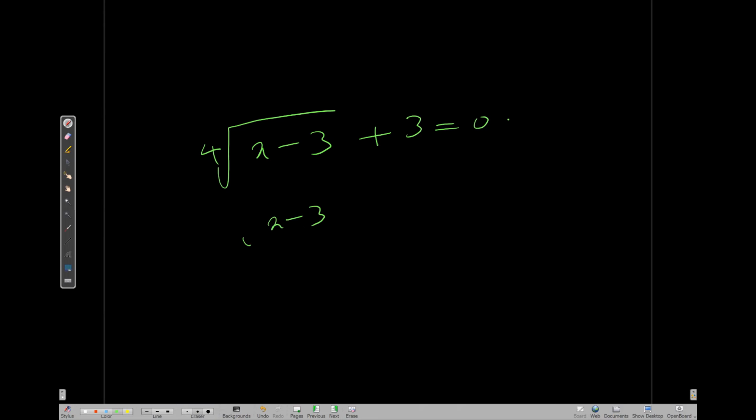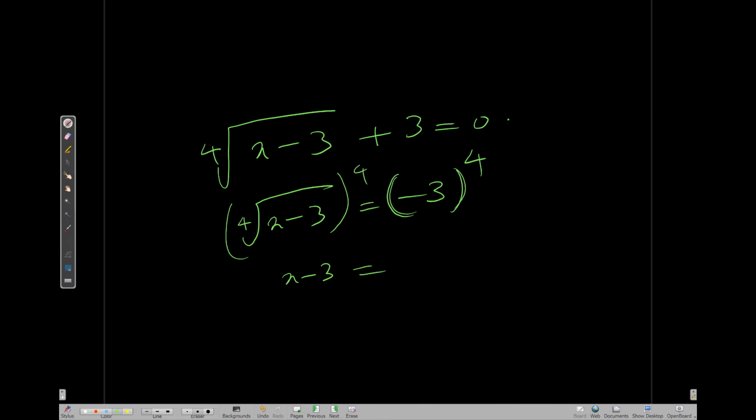The fourth root of x minus 3 equals negative 3, and when I raise to the fourth power, x minus 3, remember parentheses here, equals negative into negative into negative into negative, which is positive. 3 into 3 into 3 into 3, 9 into 27, 81. So x is 84. And if you actually check it, you are going to get the answer correct.